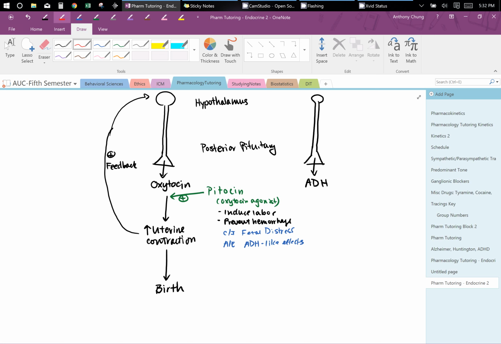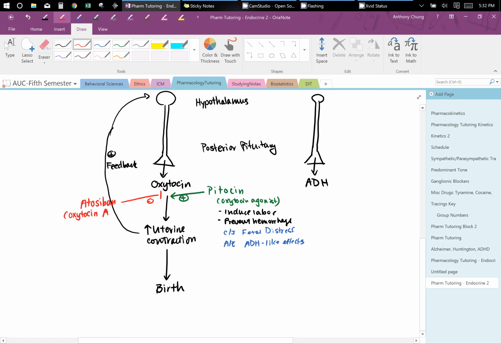And then the other one will be atosiban. This does the opposite. It's an antagonist, an oxytocin antagonist. And this is fairly straightforward.